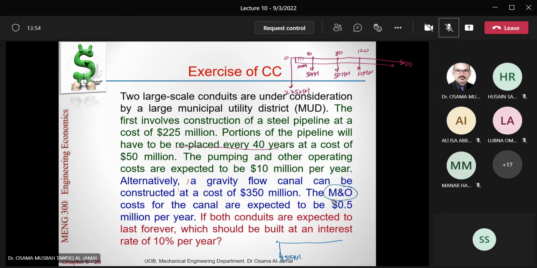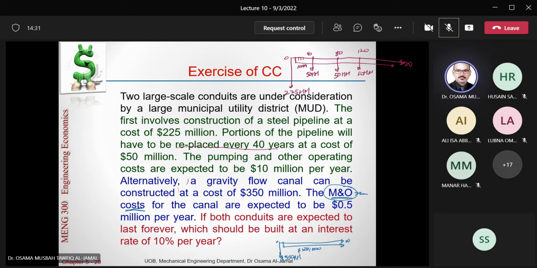Whenever you see M and O, it means maintenance and operating costs, even without saying it's a cost, we know that it is a cost. For the canal, they just build a canal, the costs are expected to be 0.5 million per year, starting from year 1 till infinity. That is $500,000, the annuity.